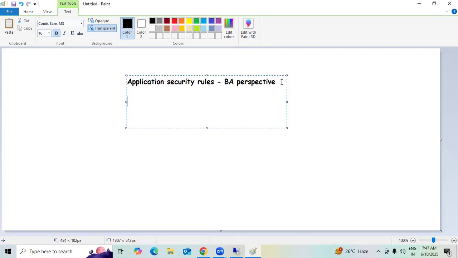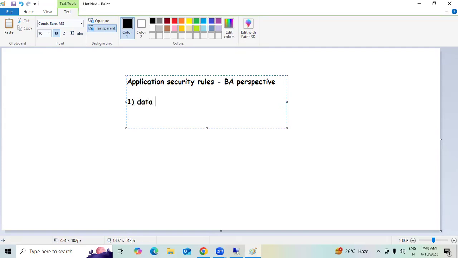This helps us develop applications that are secure against the threats we may come across in the near future. It is important to implement compliance while meeting the business needs. There are some key aspects a BA must know from the application security rules perspective, as follows.